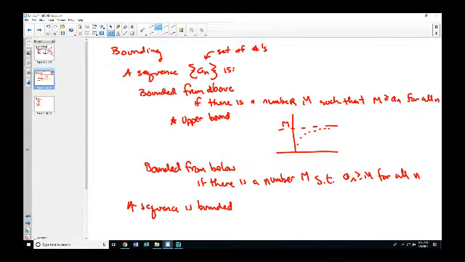Okay, a sequence is bounded. So you got bound from above, upper bound, lower bound, and then generally bounded if it is bounded from above and below.